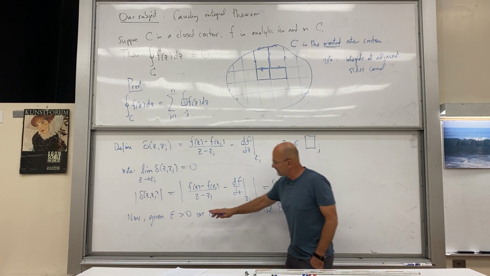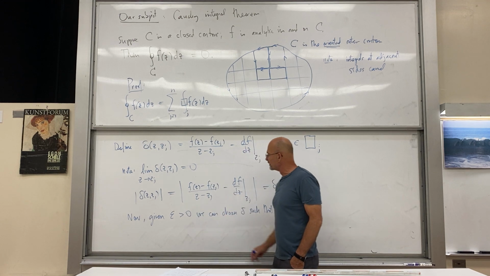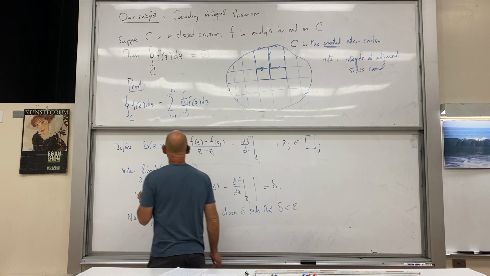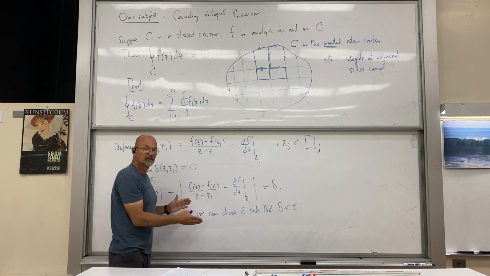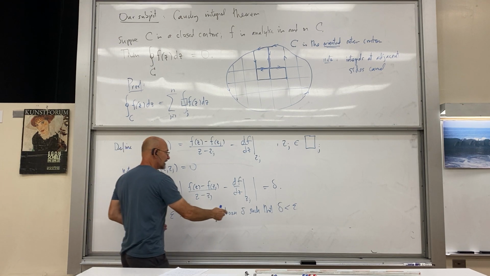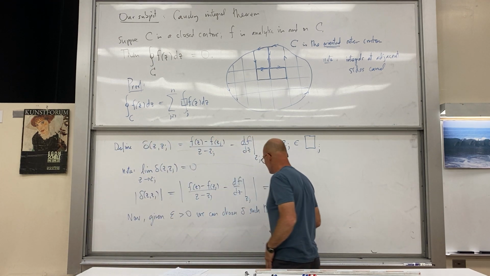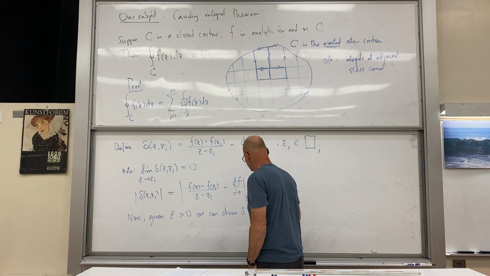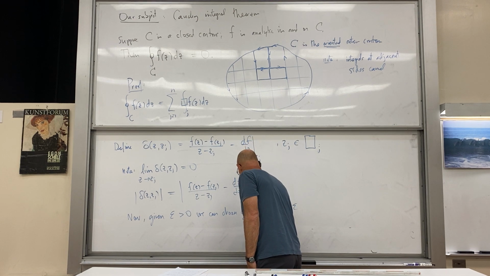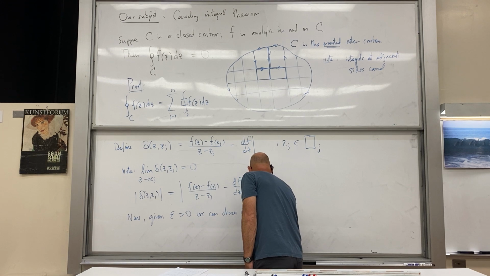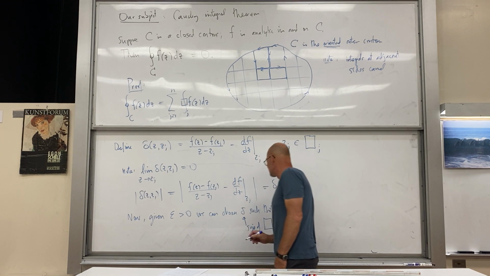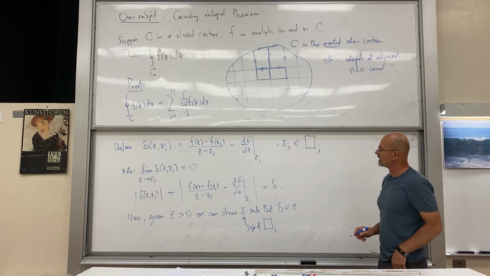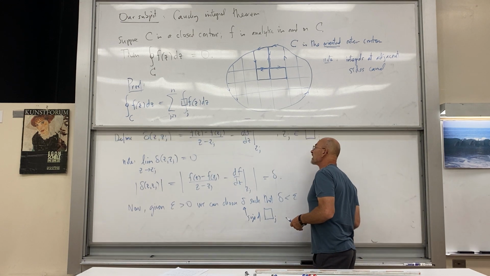Which is to say, take an arbitrary epsilon greater than 0, you can choose the size of these boxes small enough to make that delta less than epsilon. Choose the size of box j such that delta is less than epsilon. Good, so we're going to make use of that.